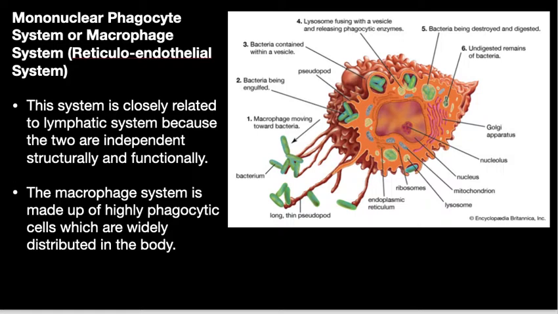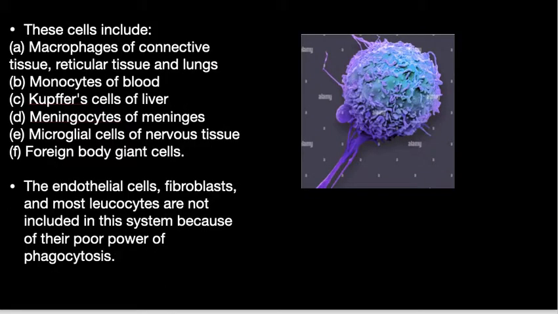Now, the mononuclear phagocyte system or the macrophage system, also called reticuloendothelial system, this system is closely related to the lymphatic system because the two are dependent structurally and functionally. How? The macrophage system is basically made up of highly phagocytic cells distributed widely in the body.